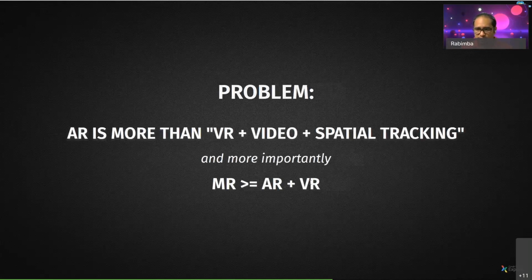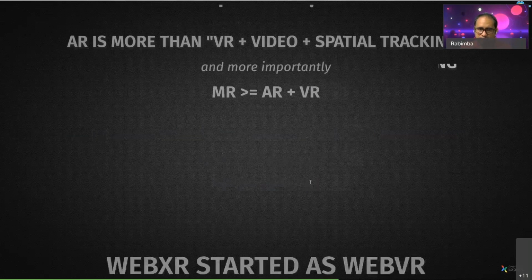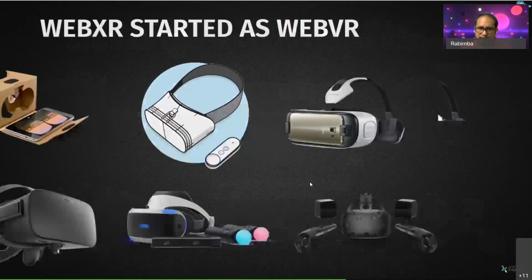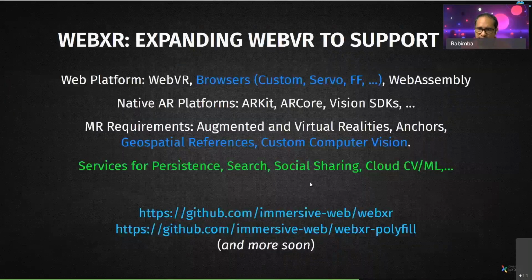And more importantly, mixed reality is not really just spatial tracking and VR, or having virtual reality objects on top of that. So web mixed reality started as an extension of VR, and it has now started getting a lot of other interesting inputs.